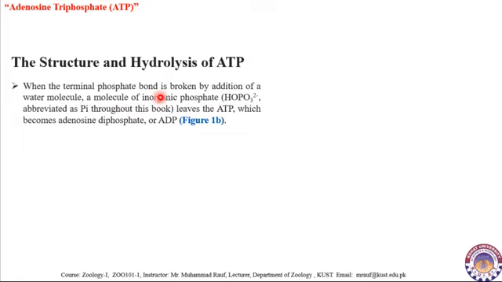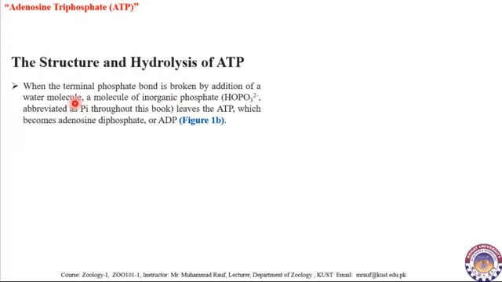When the terminal phosphate bond is broken by addition of a water molecule, a molecule of inorganic phosphate, abbreviated as Pi, leaves. Throughout this book, Campbell's Biology 12th edition, the inorganic phosphate will be represented as Pi.